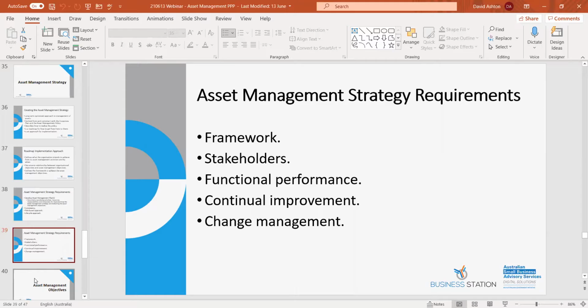Constantly look for continuous improvement as you grow and improve your business and delivery of products and services to the market. Have in place change management strategies and a change management procedure to ensure that you go through a proper process for change management.